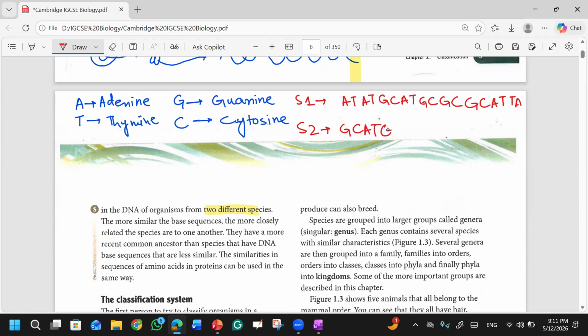Although both have the same number of guanine and the same number of cytosine, the sequence is changed. Are you getting this? So this is how you get two different species.